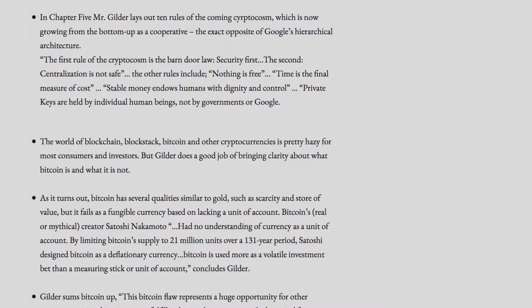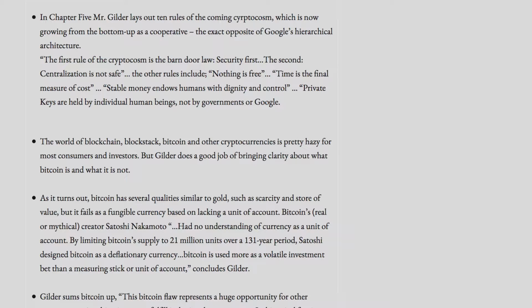The second, centralization is safe." The other rules include nothing is free, time is the final measure of cost, stable money endows humans with dignity and control, private keys are held by individual human beings, not by governments or Google.